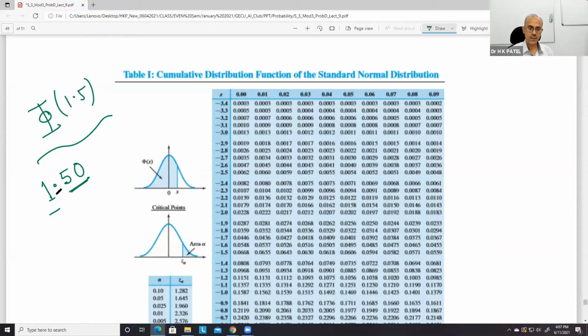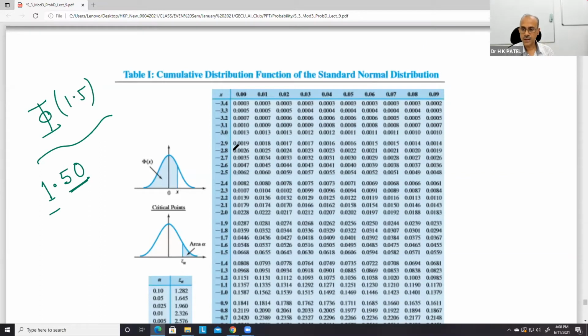For example, here if 1.50 is there, you just see this first column, under X. I think it is visible, because these are very small numbers.